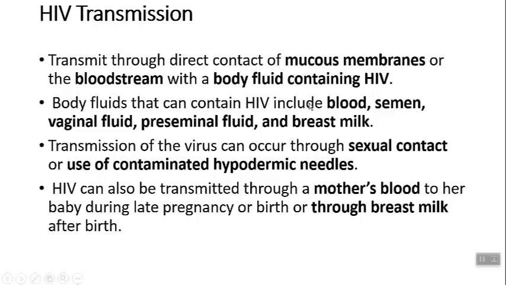The risk of HIV transmission comes when we get contact with the mucous membranes or the bloodstream. Any body fluid of an infected person can contain the HIV virus. The HIV virus is found in the blood, semen, vaginal fluid, preseminal fluid, and breast milk.